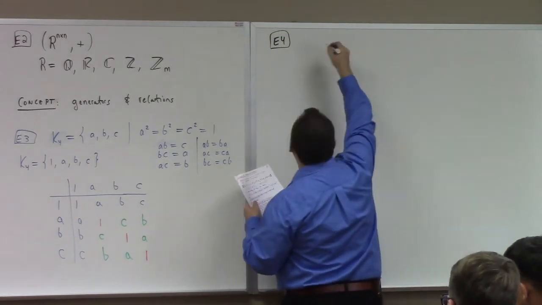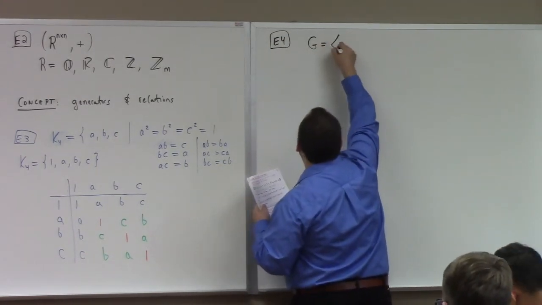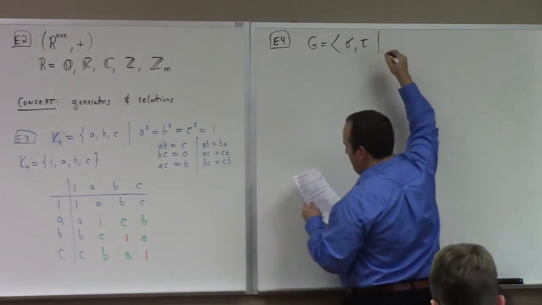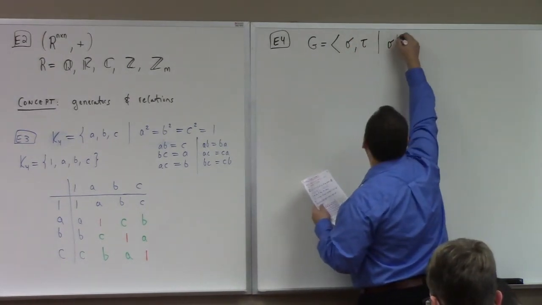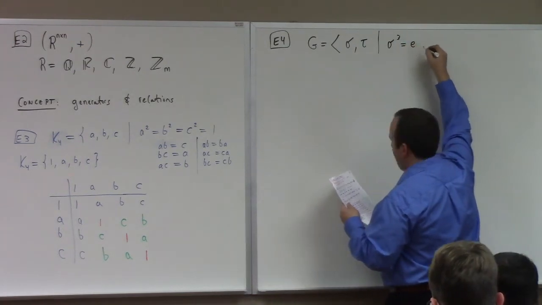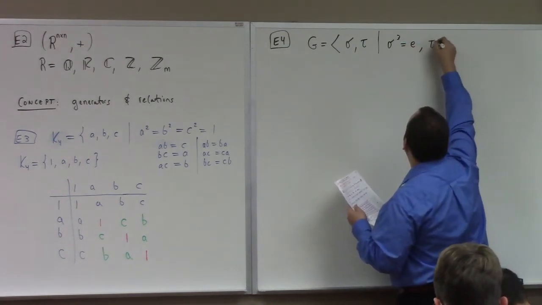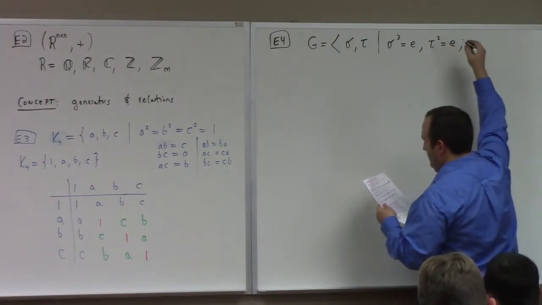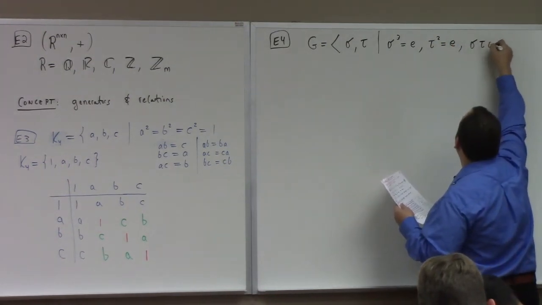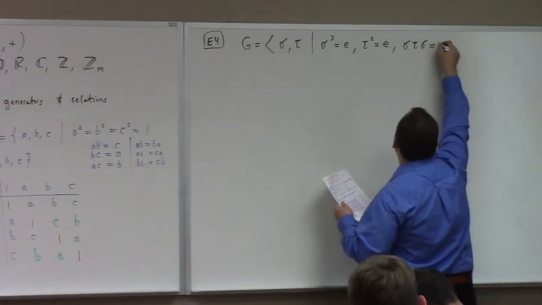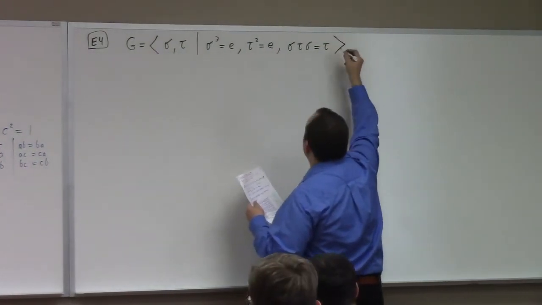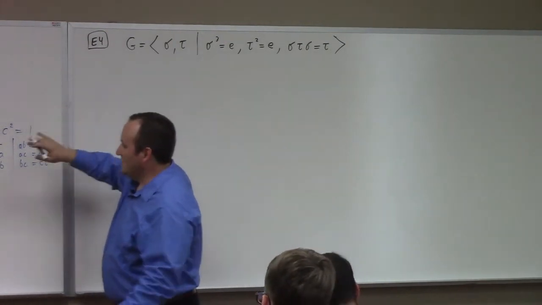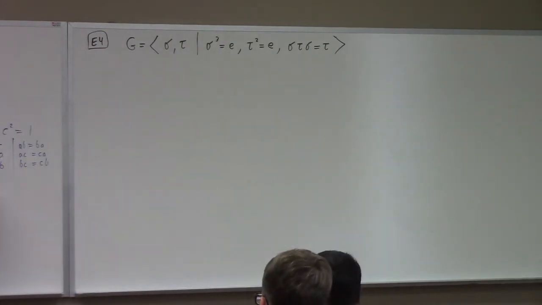Example 4. Suppose you've got G, which is generated by sigma and tau, such that sigma cubed is the identity, tau squared is the identity, and we also have that sigma tau sigma is equal to tau.